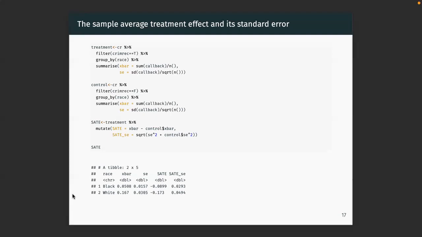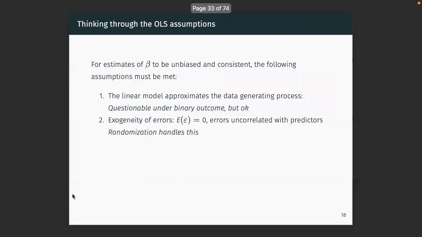Our range of true values can't go outside here, but there's nothing stopping a line from going above 1 and below 0. In this case, it won't because we have categorical predictors. But if we had continuous predictors, it easily could predict probabilities higher than 1 or less than 0. Don't worry too much about this, but that's what it means to think about the linear model.